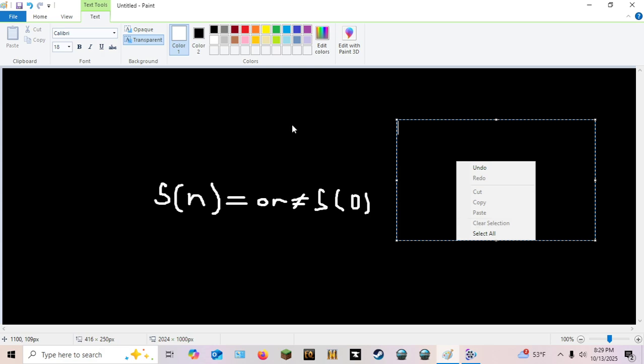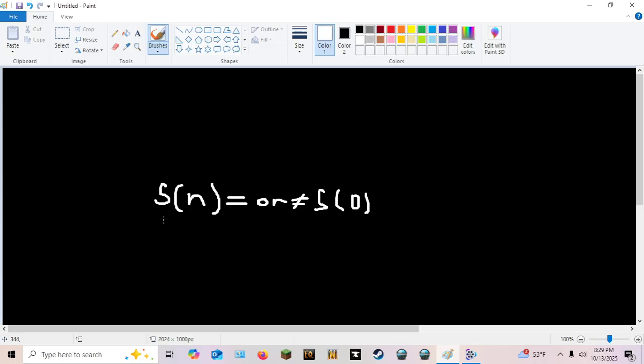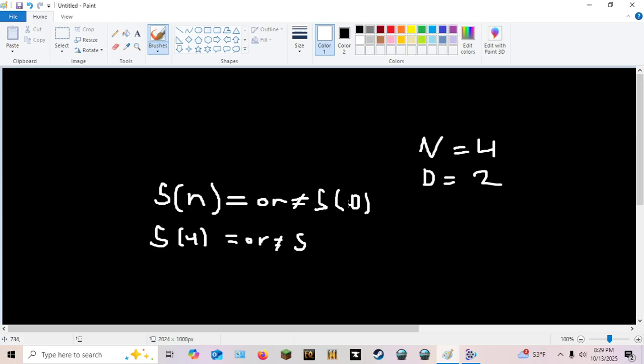So let's make up the values for n and d. Let's say n is 4 and d is 2. Let's plug in the values and evaluate.